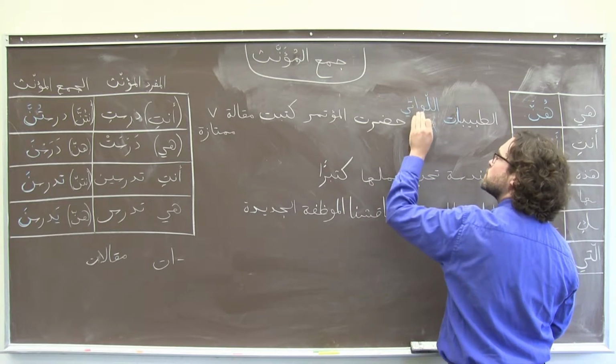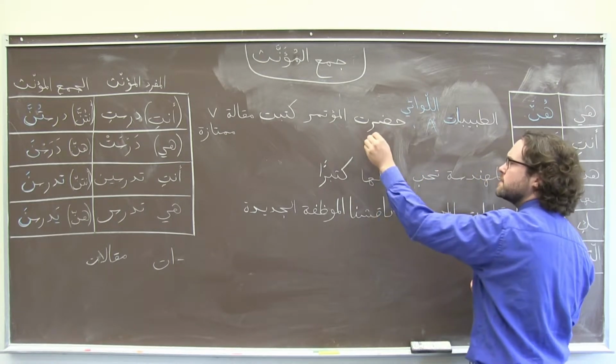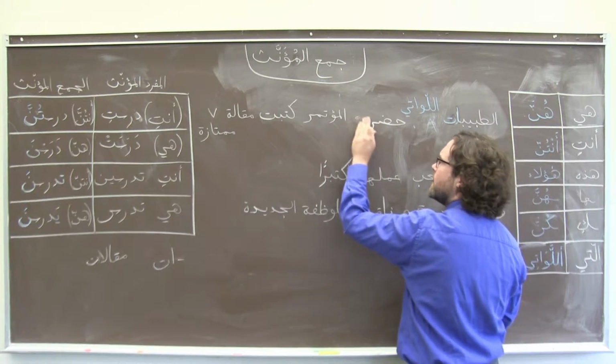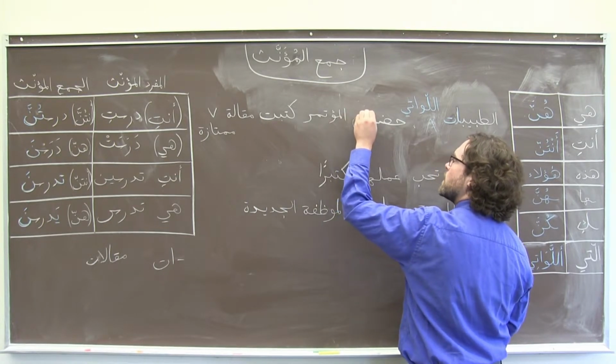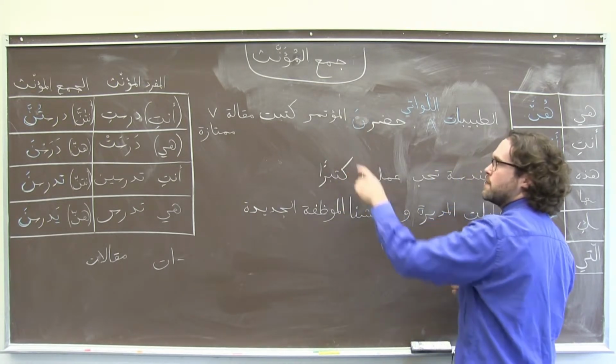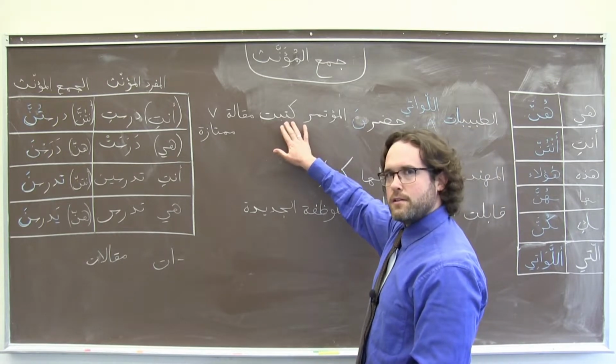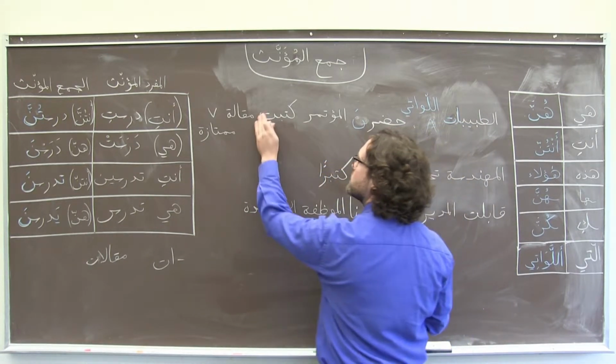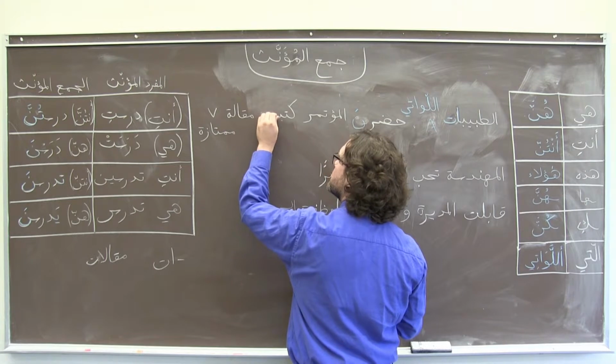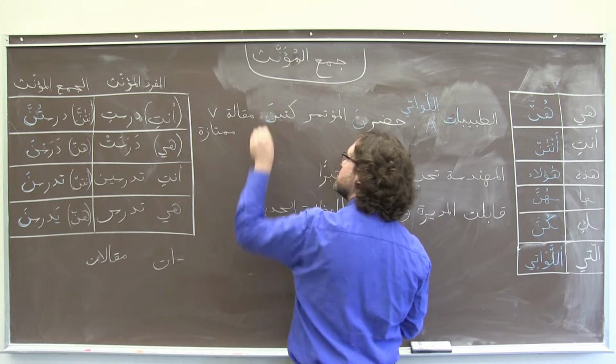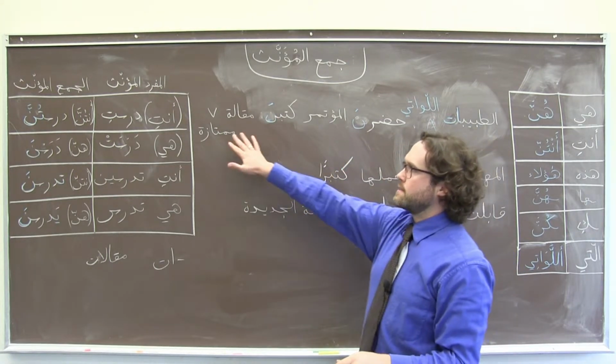So the doctors who attended حضرت, feminine singular. I need to make it plural, so I'm going to turn it into حضرن المؤتمر. كتبت, again, just one person wrote it, but now I want to make it a group of women who wrote this article. كتبن مقالة ممتازة.